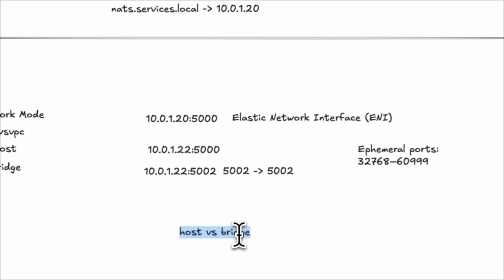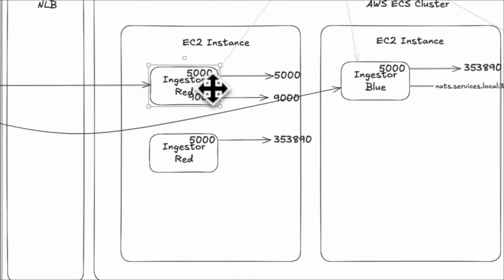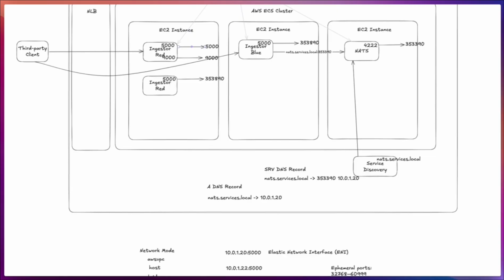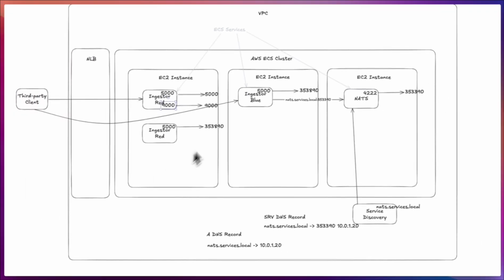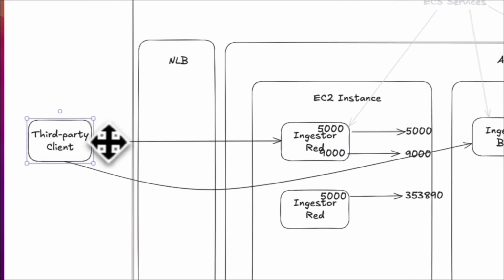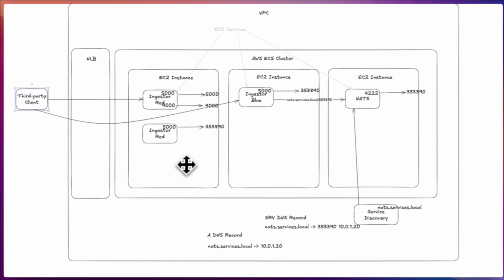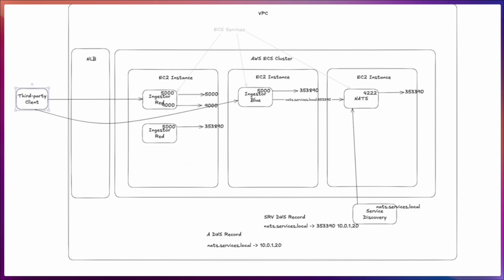So I would prefer to stick with bridge, even with this tiny performance and network overhead that we'll probably not notice anyway, because most containerized systems in the world run in this multiple-network way, right? The VPC has one network layer, then the EC2 instance has another network layer, then the container has another network layer. So when the client accesses your system, it goes through three network layers of redirection, and might lose one to two milliseconds on that, but we don't care considering the benefits we're getting from it. So I would stick to using bridge mode.